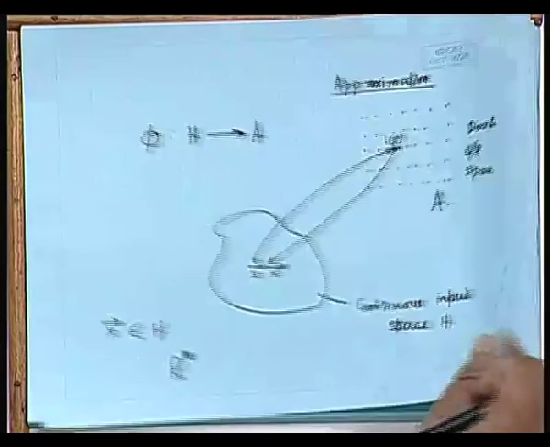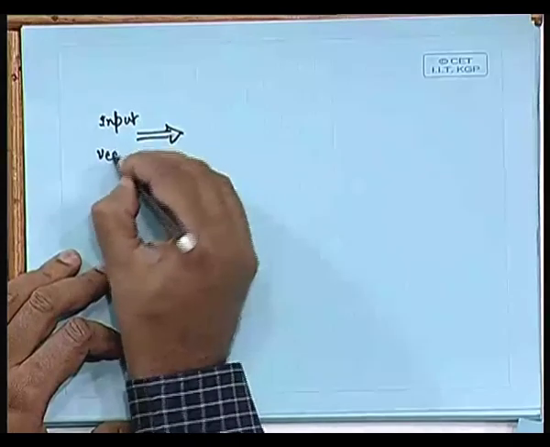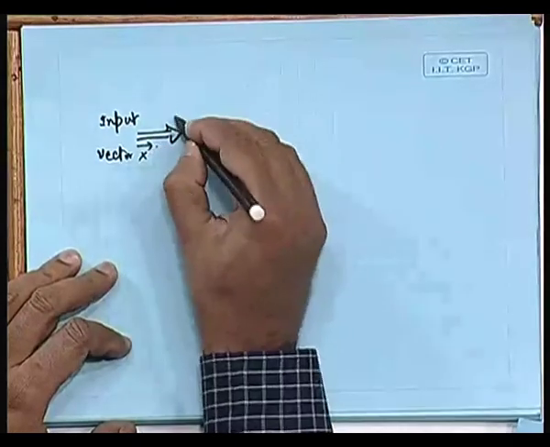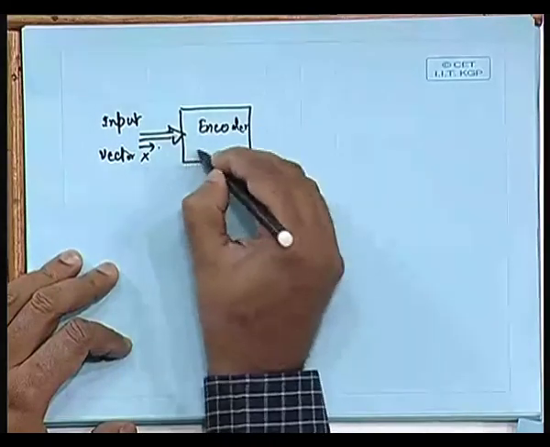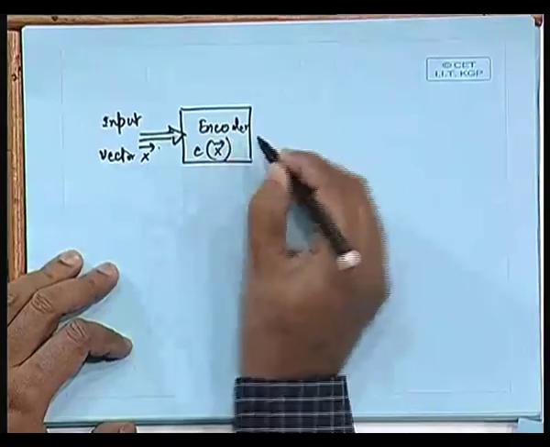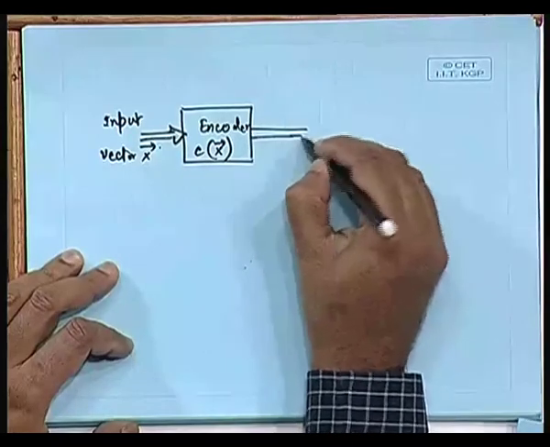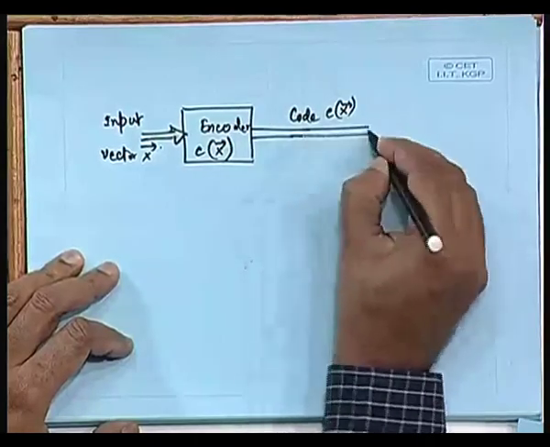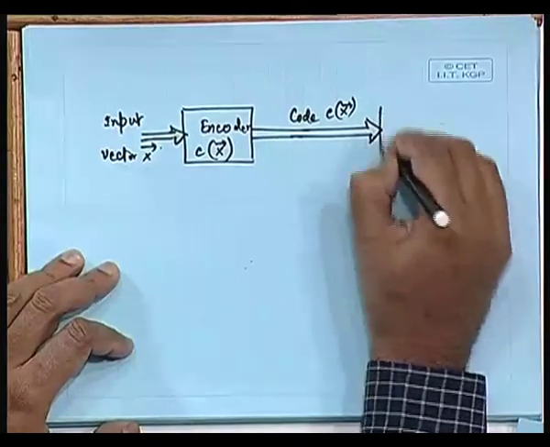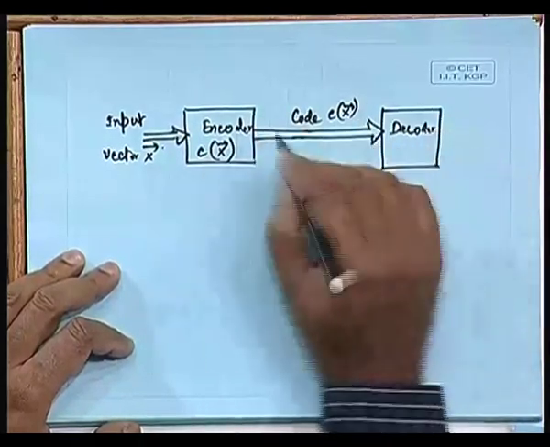So, essentially what we are modeling is that we have an input vector x here, and then we have an encoder, which we call c of x. So, c is the encoder function, and we get a code which is c of the x vector, and then this will be passed through a decoder. Now, I am not modeling any channel noise.